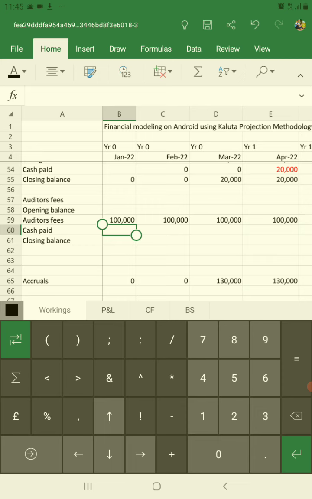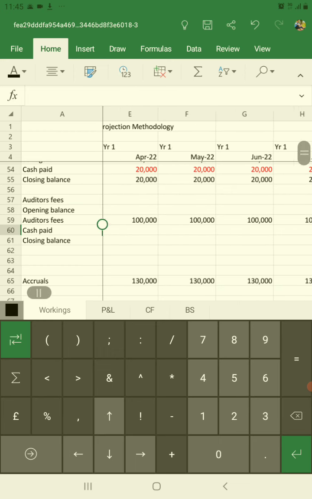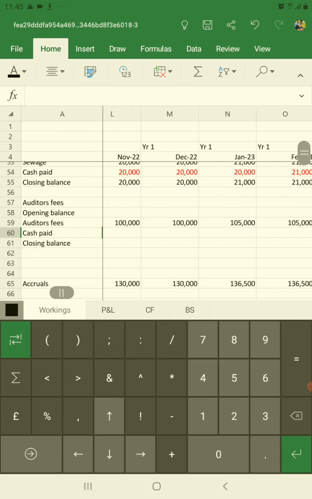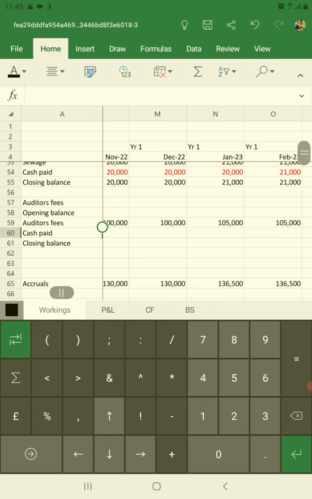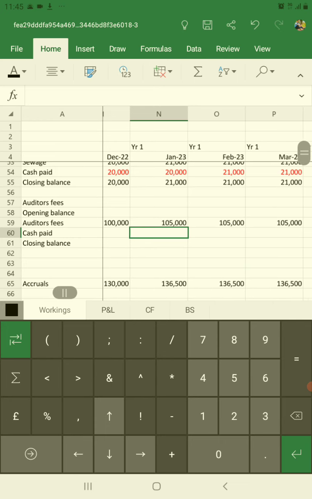So for the books starting January 22, the full year ends in December 2022, and from January, this is the time the business will start to prepare its annual accounts so that the auditor can come and audit on them, say January and February.